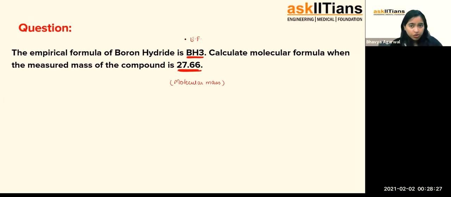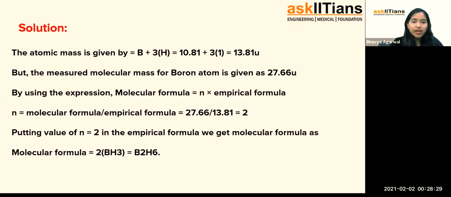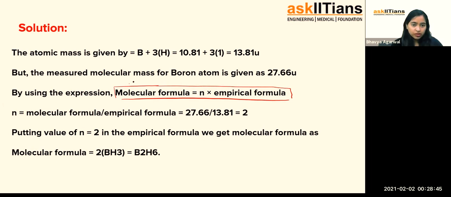So if you want to find out the molecular formula, we have a very short method. And the expression is this, that molecular formula is N into the empirical formula. Now, this is what we need to find. Empirical formula is already given to me, which is BH3.